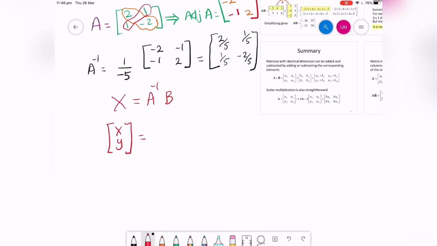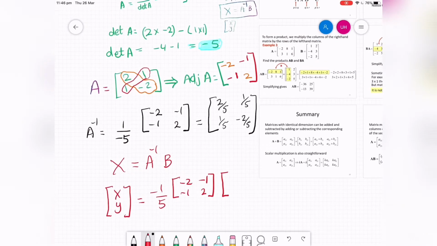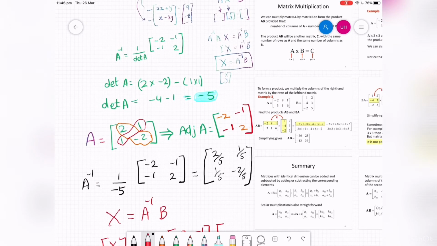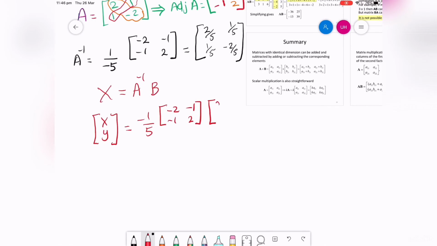To make it easier to multiply, I'll write it as minus 1 over 5 multiplied by minus 2, minus 1, minus 1, 2. And this is multiplied by B, which is 9 and minus 8.